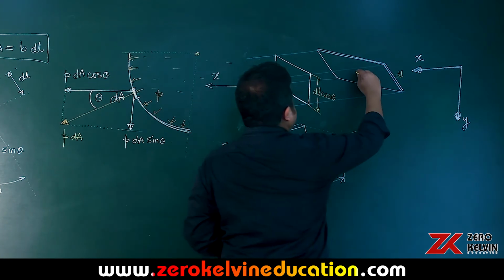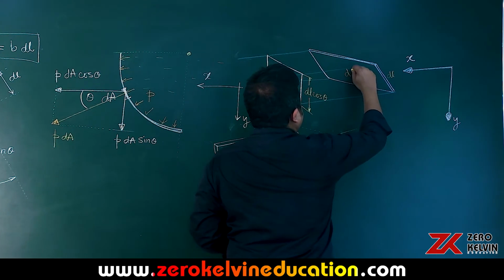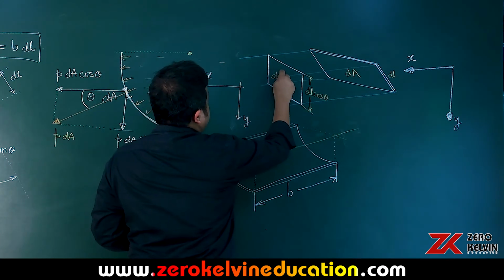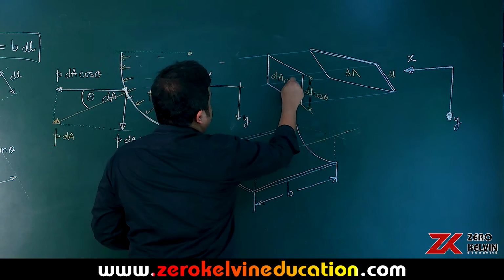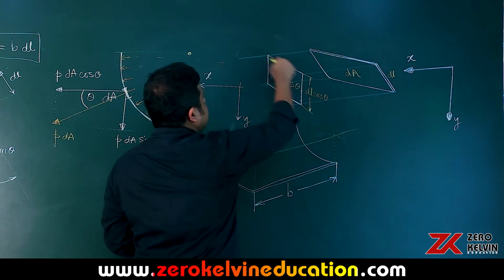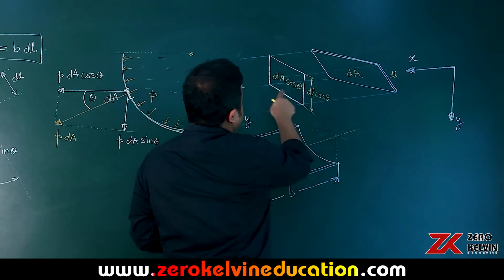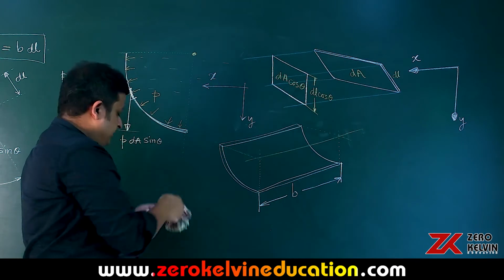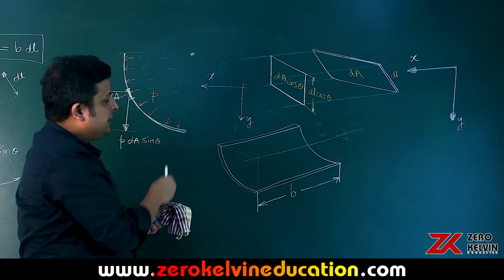So if this area is dA, now this area happens to be dA times cos theta, because dA is dl multiplied by b, and this is the same b multiplied by dl cos theta makes it dA cos theta. And the force, the x component of the force on this small rectangular strip.